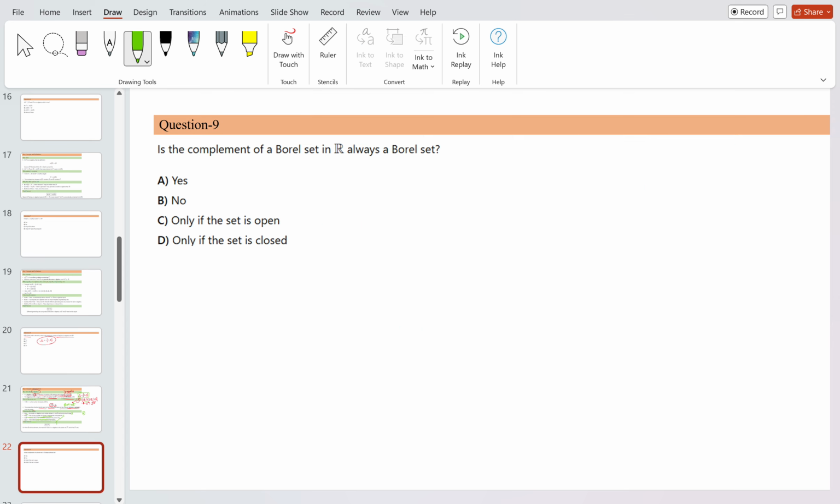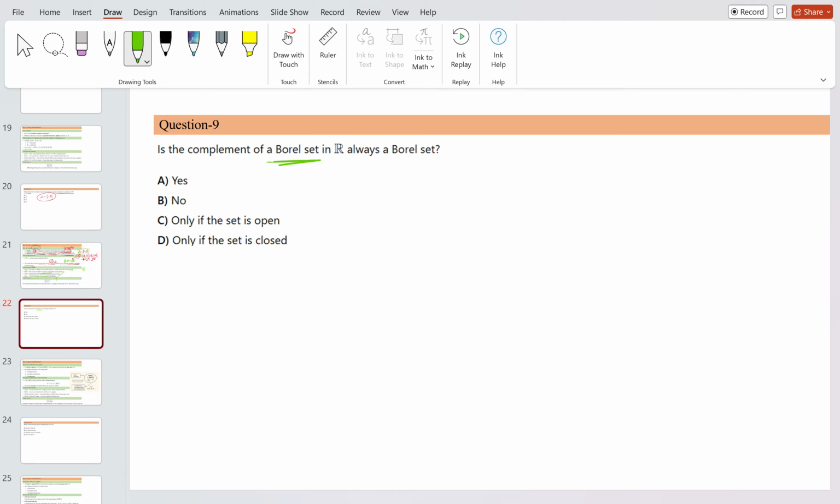Okay, let's move forward, try to solve this. This is an important concept of Borel set, which we will see coming after this. If you already know the concept, try to solve this. Otherwise, we will go further and see what the Borel set is. I'm giving you 2 minutes. If you already know, try to solve.